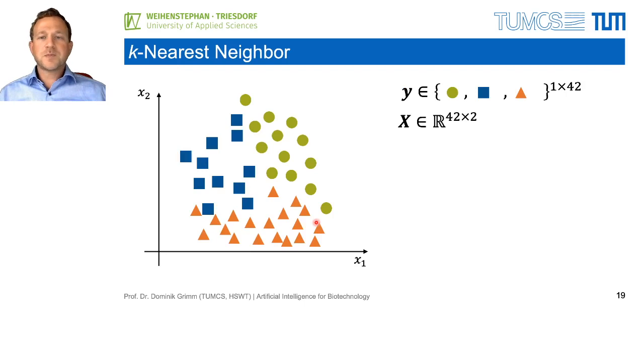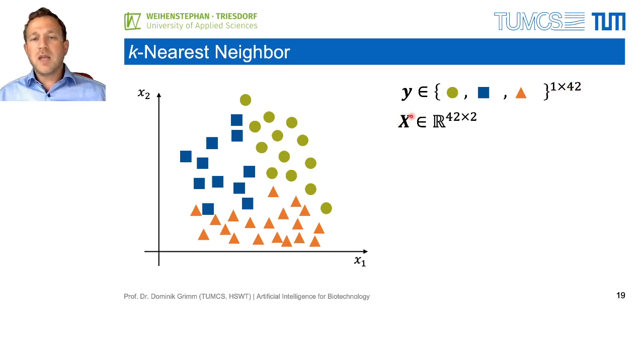We have here 42 data points and 3 classes, so y is an element of 3 classes. This green circle is one class, the blue square is one class, and the orange triangle is one class, and we have 42 data points, 42 samples.